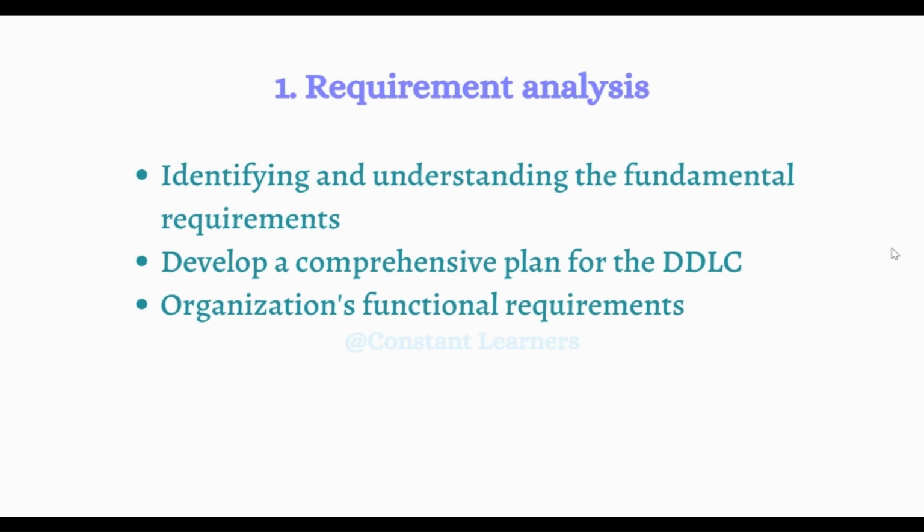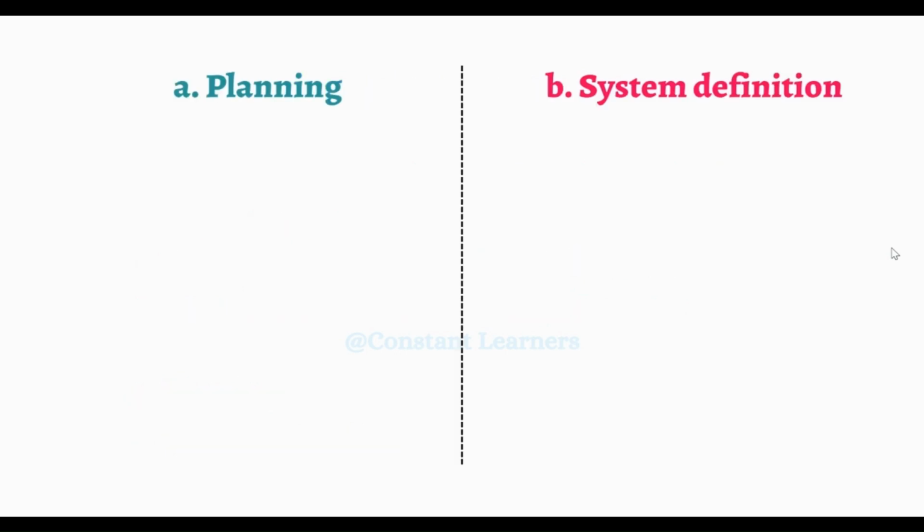Now, this requirement analysis involves two other steps. First is planning, and the second is system definition. In the planning stage, the database design team interacts with the clients in order to understand the organization's business operations, the processes, policies, business rules, and focus on mapping out the entire database development life cycle.